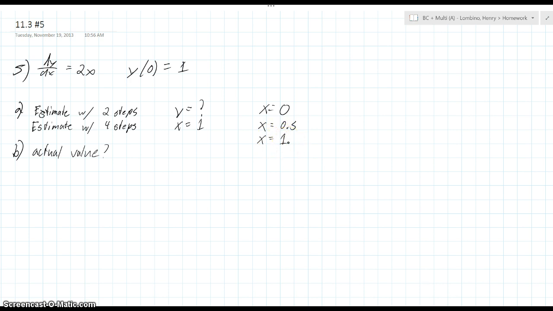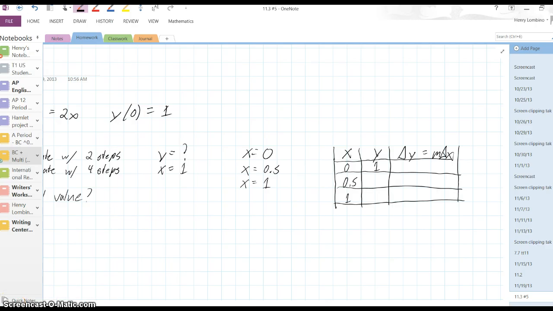Let's make a little chart to help us organize our thoughts. Alright, so there's our chart. What we're trying to calculate here is the change in y for each step, so we know how much y goes up each time x goes up. We do that using this equation right here: the change of y is going to equal m times the change of x, and m is the slope.